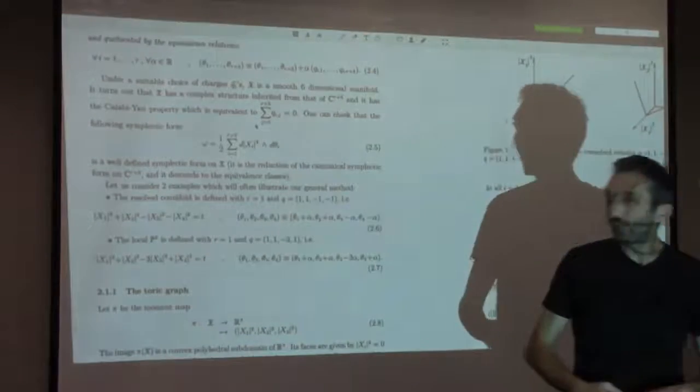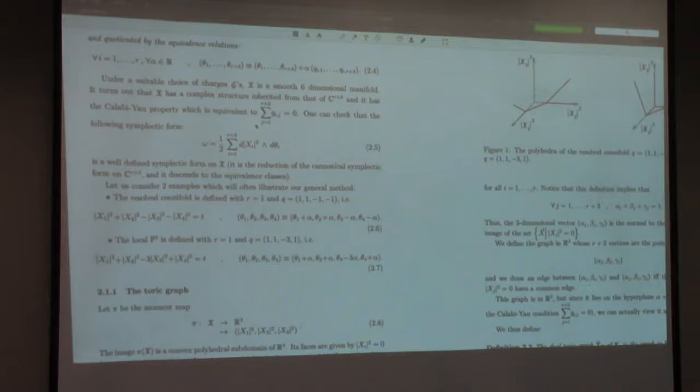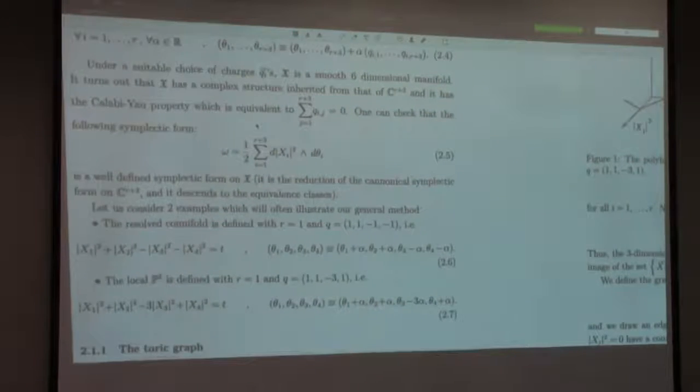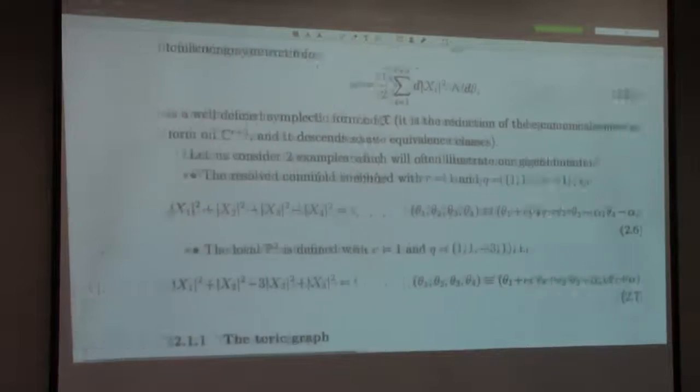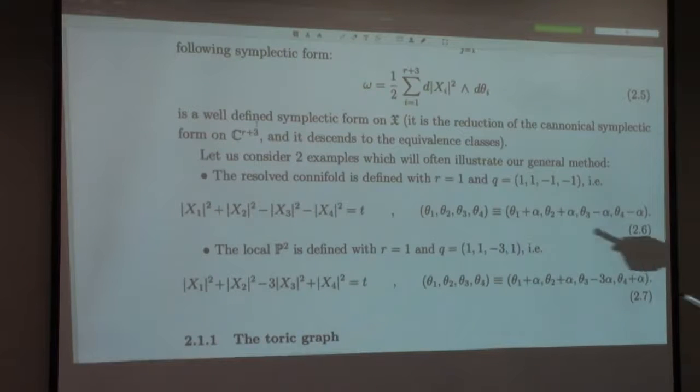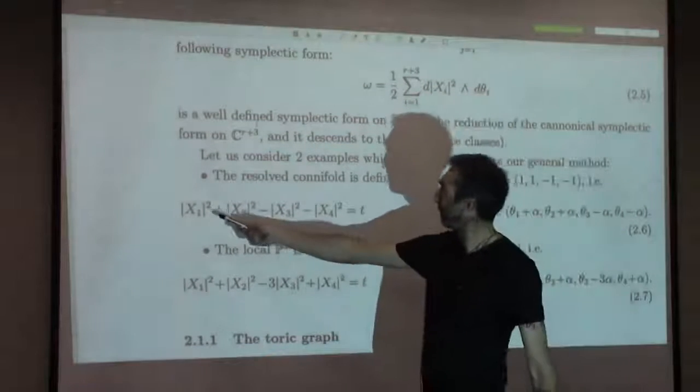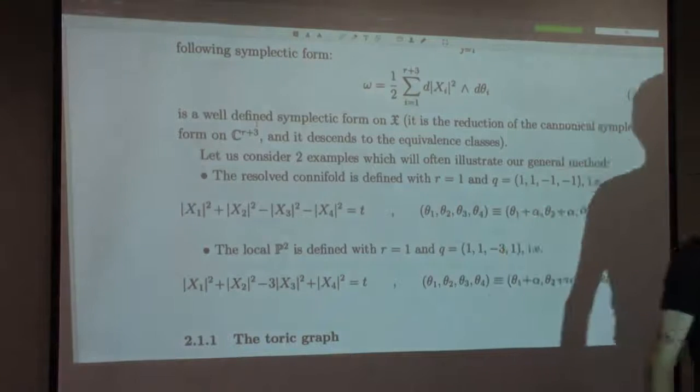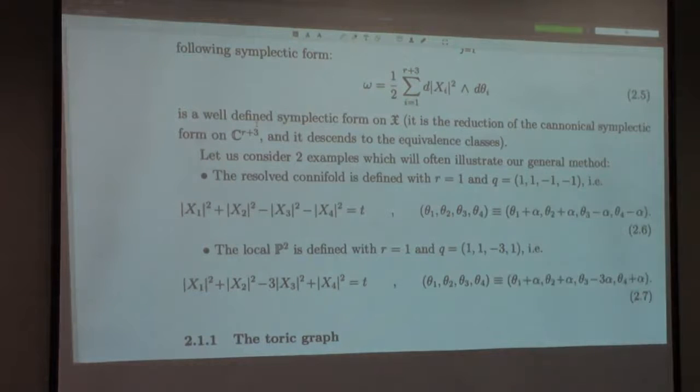It's a subset of C^4, it will be hard to illustrate, but take the subset of C^4 with this relation between the moduli of x1, x2, x3, x4, and modulo this equivalence relation among the angles. This is the resolved conifold.